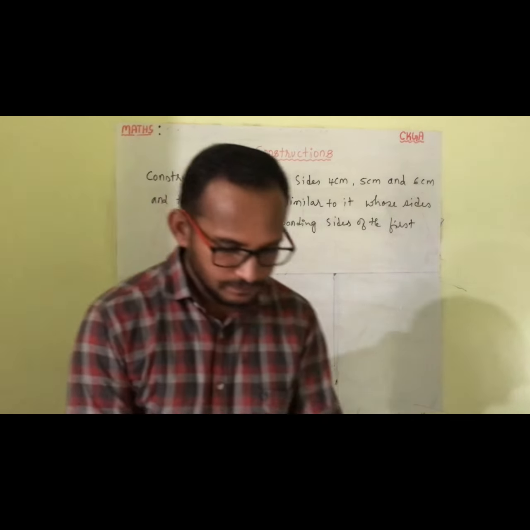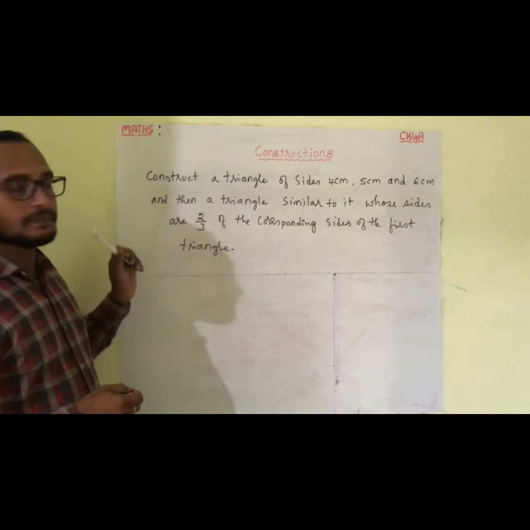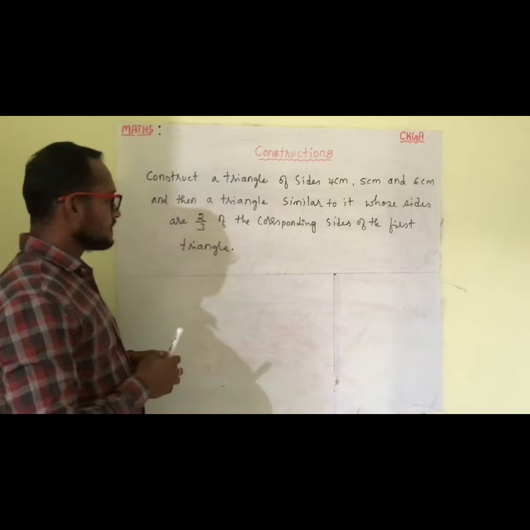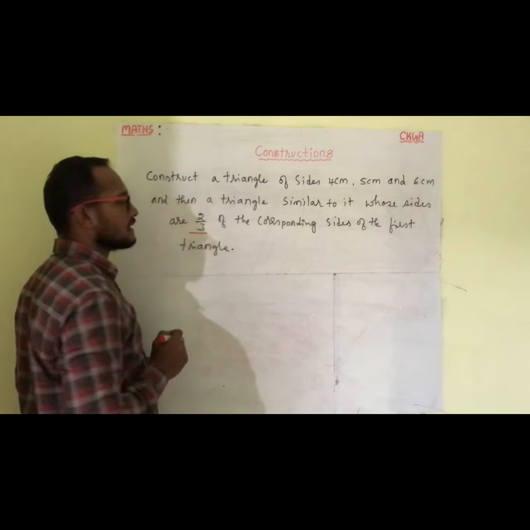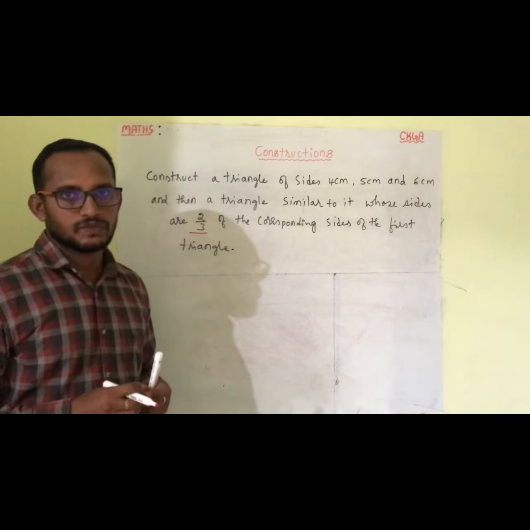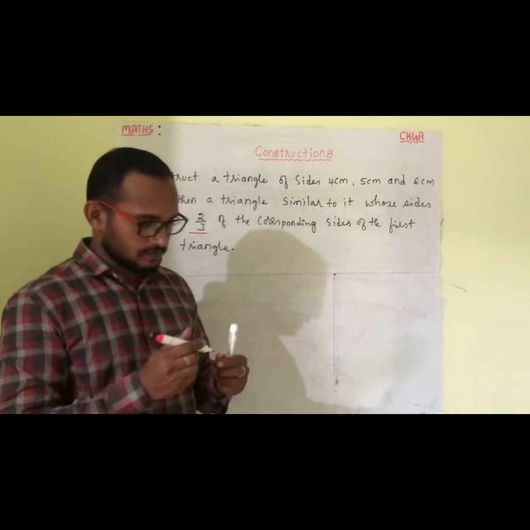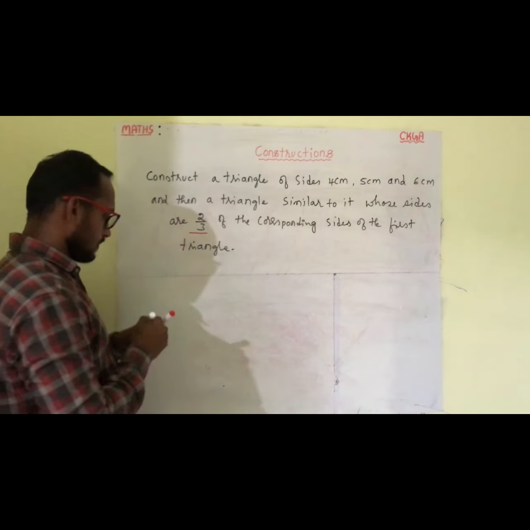So first, I need to construct similar triangles by using a single triangle here. They have given some ratio here. This ratio is considered as the scale factor. To construct the triangle, I need a scale factor to perform this. So let me take the scale factor first.